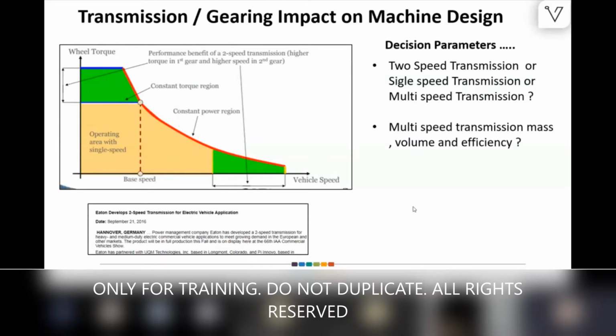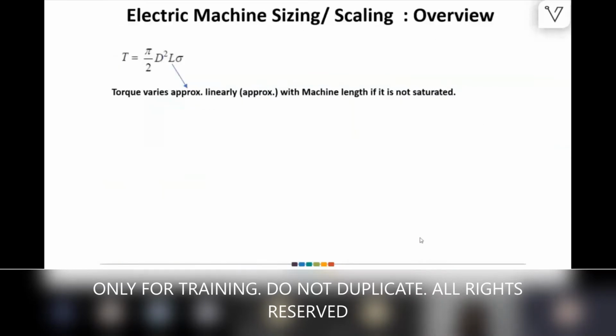Volume, cost, and how much we can really reduce the size of the machine if we go for better and better gearing. All these are trade-off studies that we can deep dive into in other sessions, looking at each element so we can take a cautious, informed decision. So let's see how we scale this.